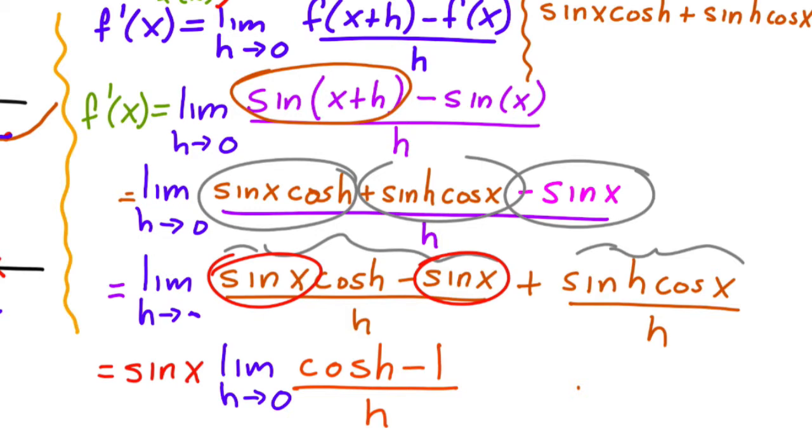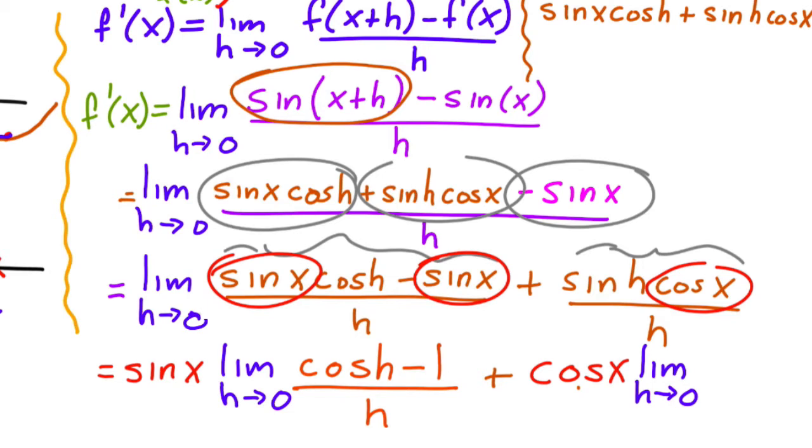Okay? And then you've got plus. Now, notice here also, cosine of x can be taken outside of the limit as well. So I'm going to take cosine x out, and I'm going to rewrite the limit as h approaches 0.